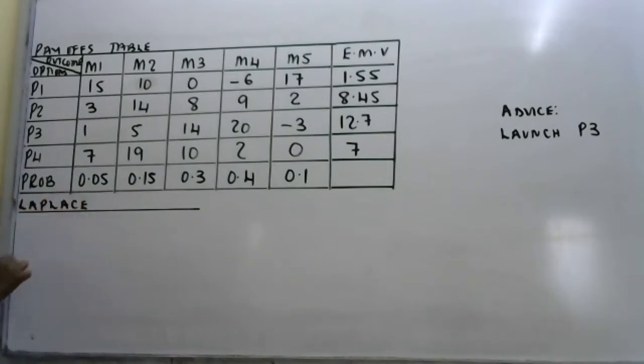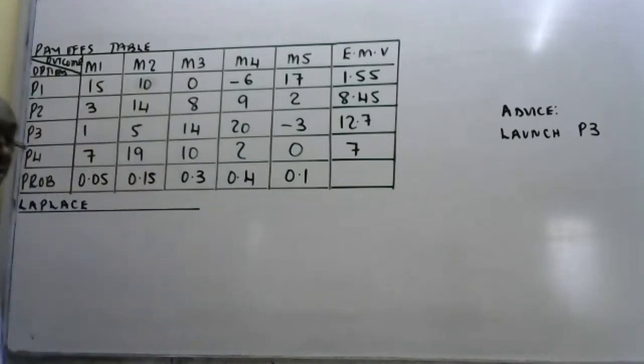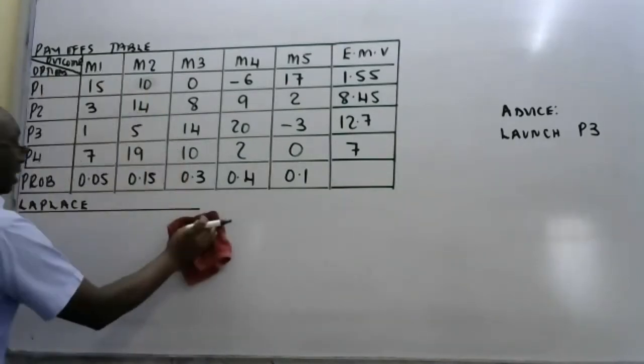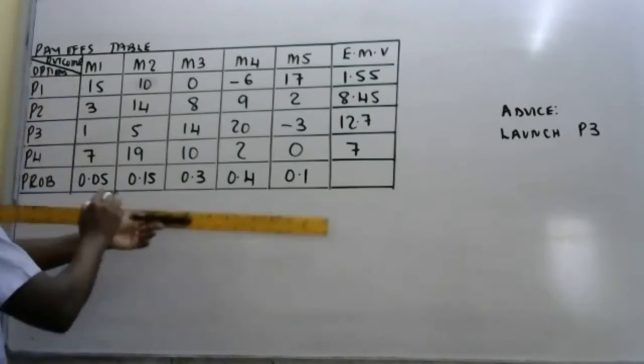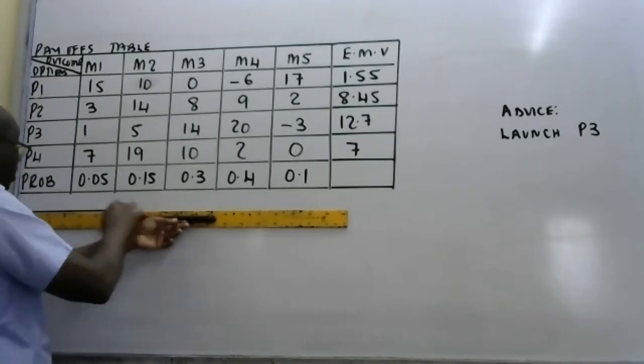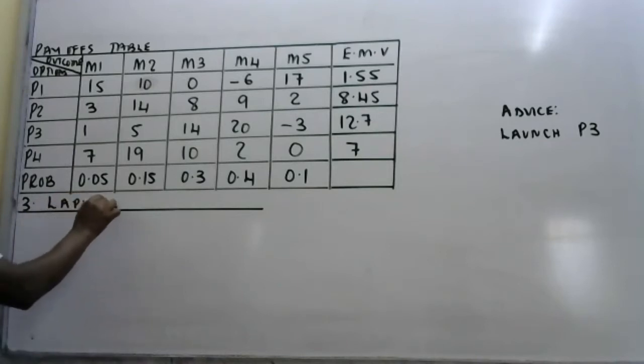So we are in rule number 3. I need to number them so that I don't forget. So this is number 3, which is called Raprez rule.